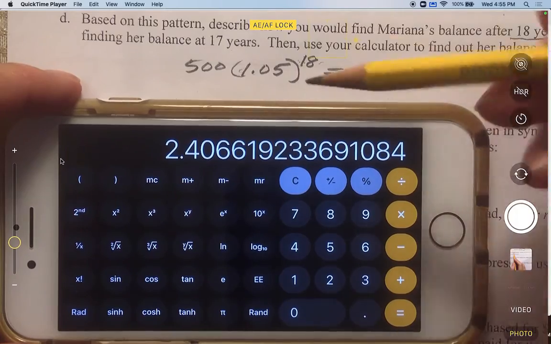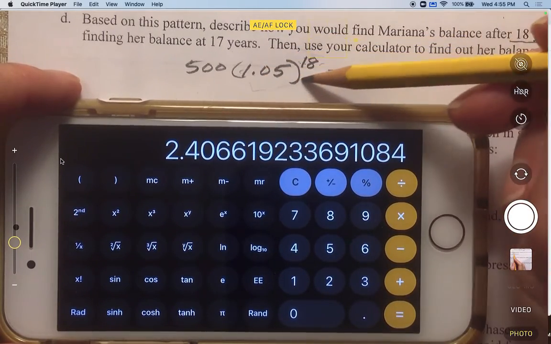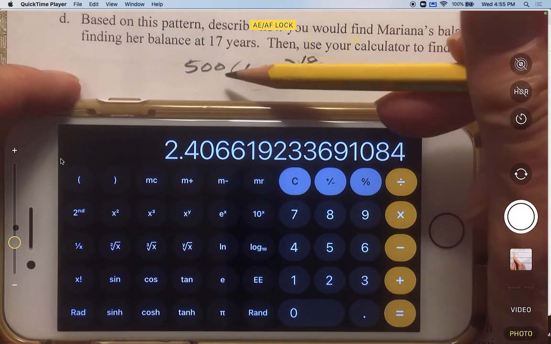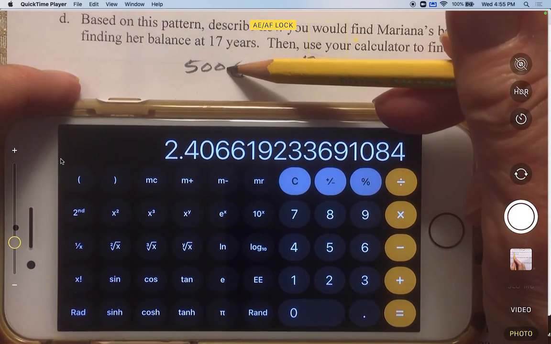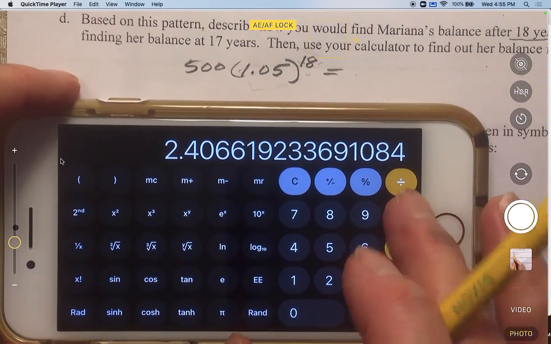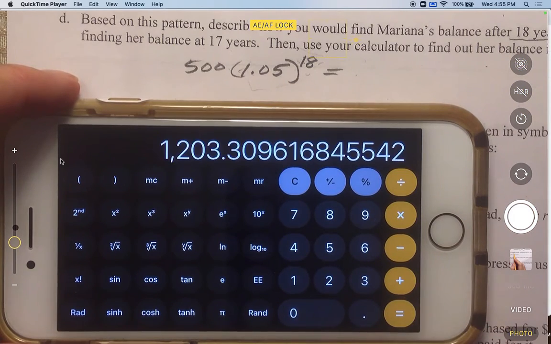Okay, so now this number represents 1.05 to the 18th power. And now we just need to multiply it by 500. So I'll say times 500 equals.